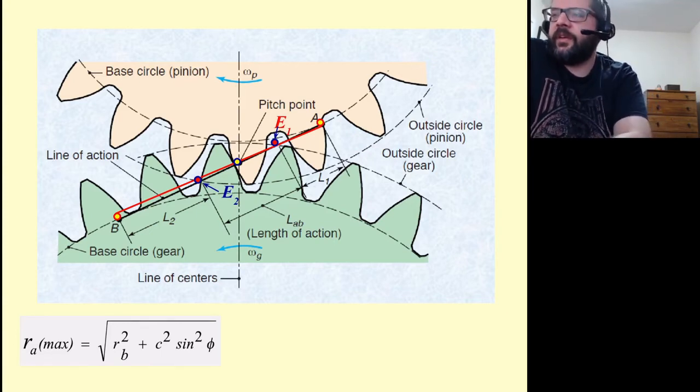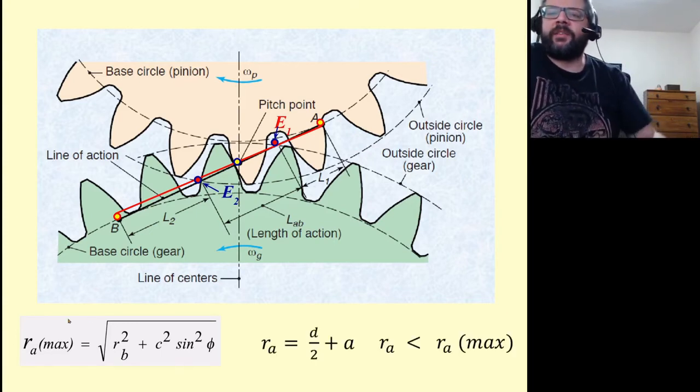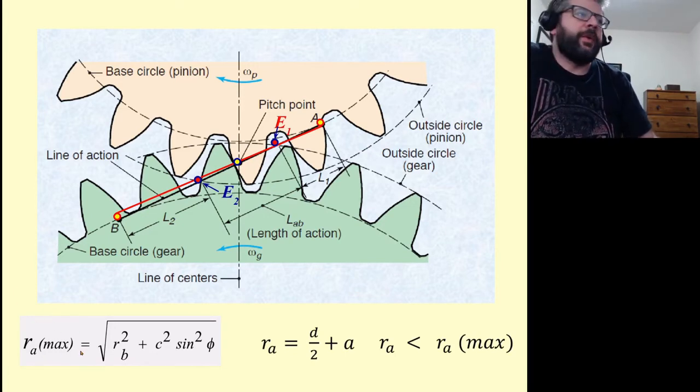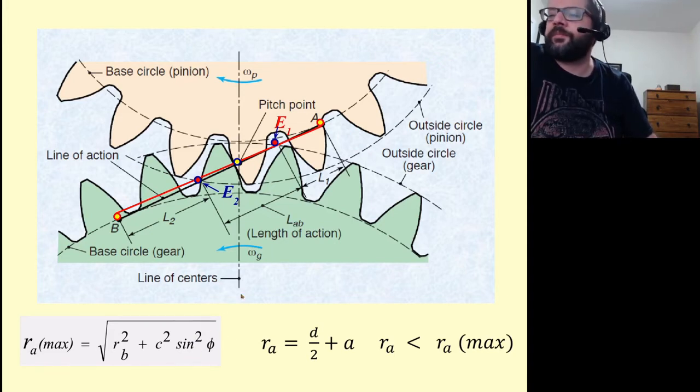So you want to have a maximum radius of the addendum, and that is based upon the base circle of the gear you're looking at, plus the center line distance between the two gears, times the sine squared of the pressure angle.